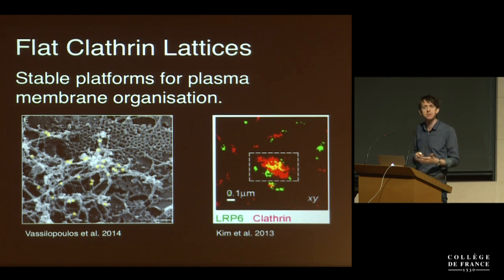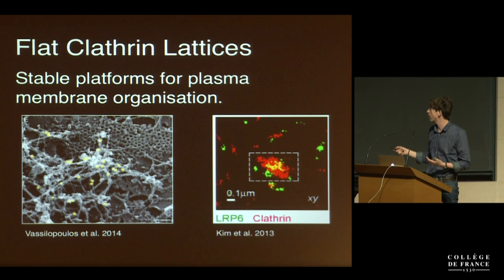And this is supported by some other recent studies that came out around the same time as our work. So this work from a group based here in Paris demonstrates that flat clathrin lattices are necessary for sarcomere formation and for the anchoring of actin filaments in muscle fibers. And without clathrin, the muscle tissue is impaired.